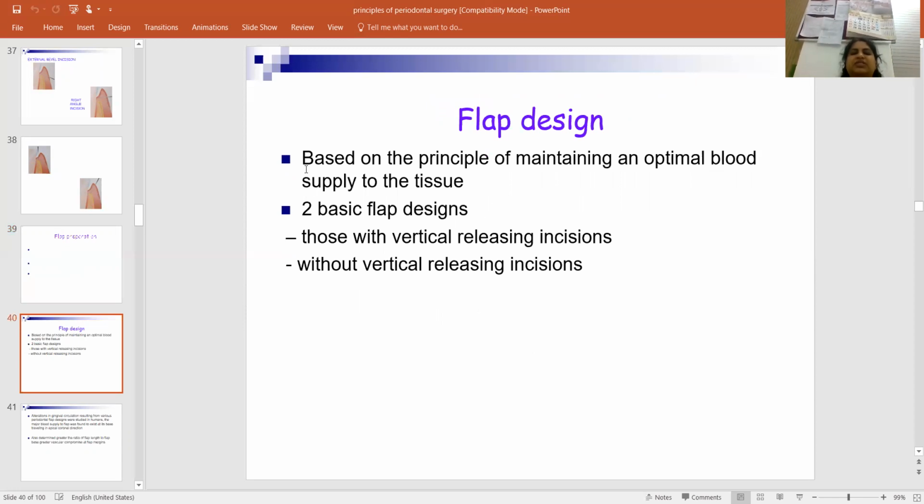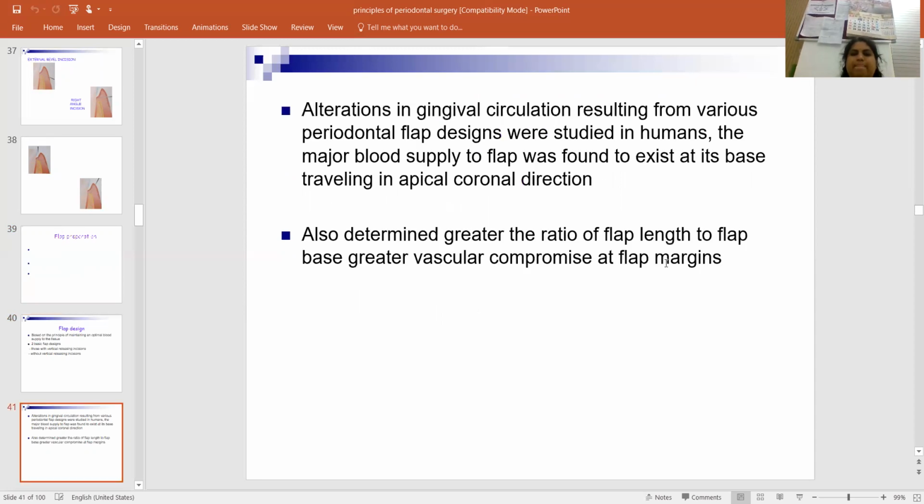Flap design is based on the principle of maintaining an optimal blood supply to the tissue. There are two basic flap designs: those with vertical releasing incisions and those without vertical releasing incisions. Alteration in gingival circulation resulting from various flap designs was studied in humans. The major blood supply to the flap was found to exist in the base, traveling in an apical to coronal direction.